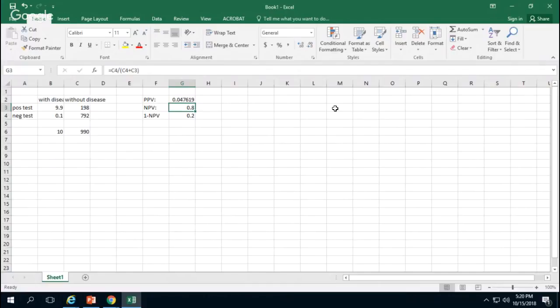That's the wrong thing. That didn't make any sense. C4. Okay, that's more like it. So it's pretty discriminative. If you get a negative test, it's very unlikely that you have cancer. Any questions?